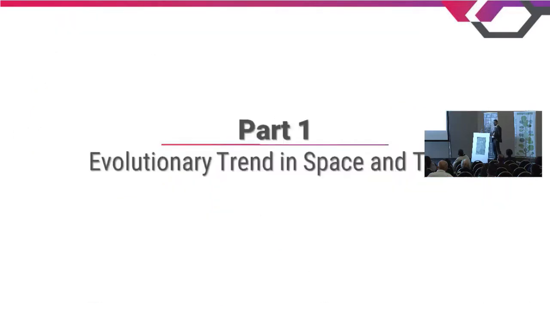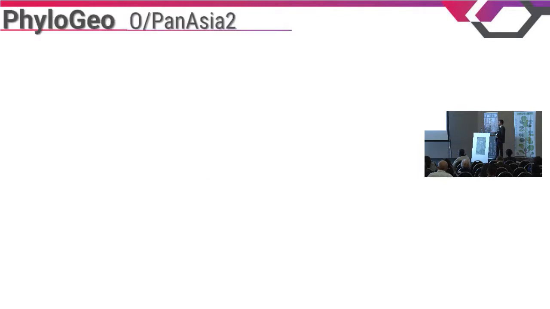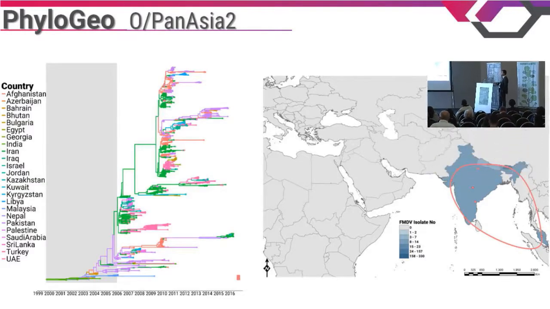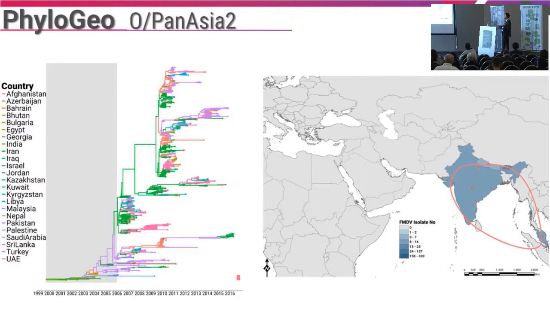Part 1 is just to try to understand the trend in space and time of the single lineages across the region. Looking at Pan-Asia 2, in the beginning, around 2000, where the most recent common ancestor is, the first phylogenetic cluster was located in the sub-Indian continent, and all the evolving lineages were coming from that particular region.